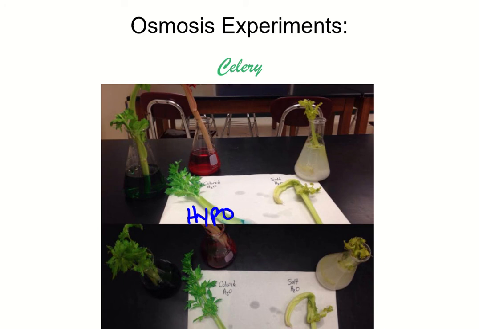And a lot of things you pay per pound. So you're actually paying more money for water. When you look at the hyper solution over here, it's kind of all shriveled up. It's limp because water was pulled out. So it kind of loses a lot of that structure versus the very supportive hypo.